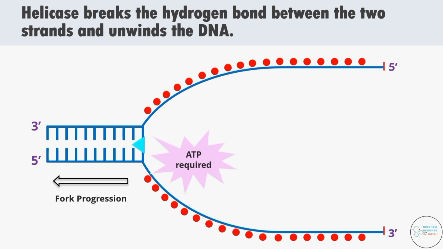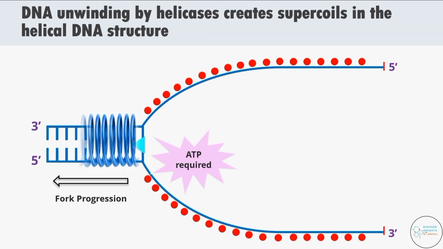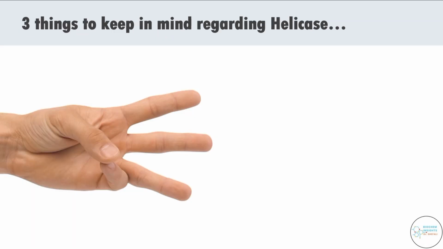Now as the DNA is opened up, the DNA double helix ahead of the replication fork experiences torsional stress that leads to supercoils called positive supercoils. So the three facts you need to remember about helicase are: first, its function, that helicase unwinds the double-stranded DNA at the replication fork.